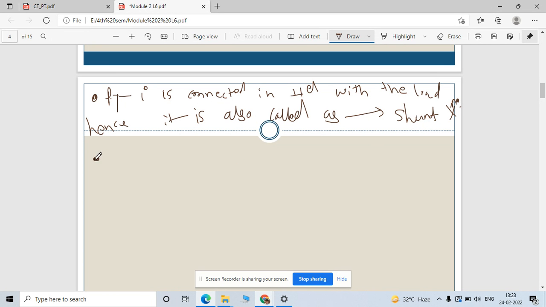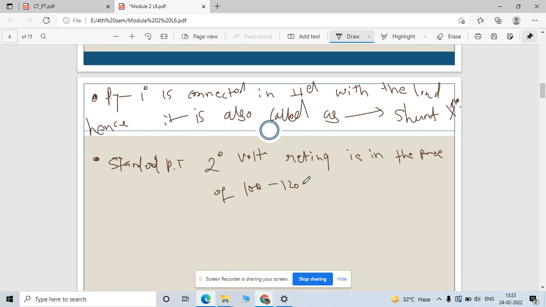जितने भी पॉइंट मैंने अभी बताया ना, आप सब उसको नोट डाउन करें. ओके. The standard rating, write down. The standard potential transformer secondary voltage rating is in the range of 100 to 120 volt.